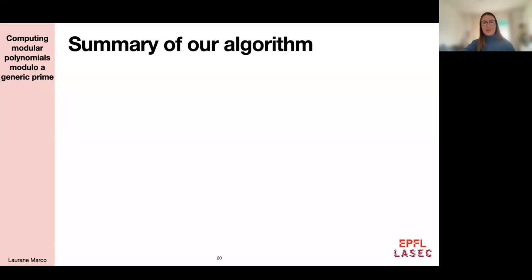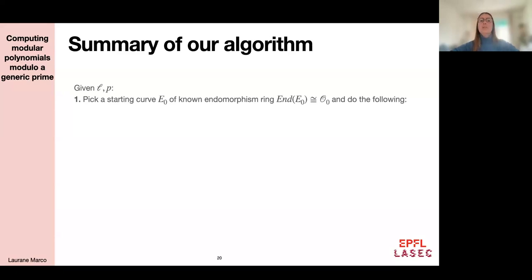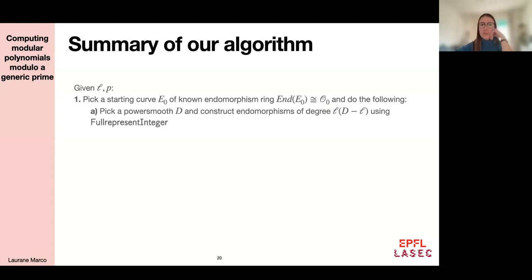Okay, so let me summarize everything that we've discussed so far. Given two primes L and p, you pick a starting curve of known endomorphism ring, and you do the following steps. You pick the power smooth ideal, and you construct endomorphisms of degree L times D minus L using the full represent integer algorithm.